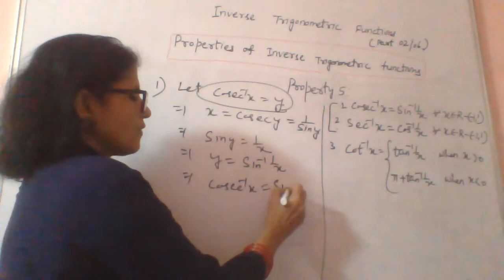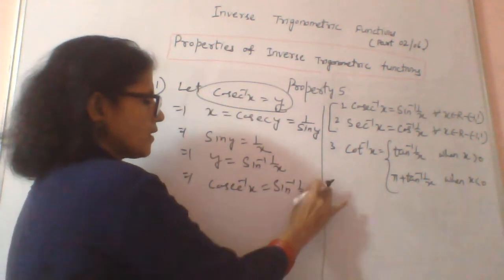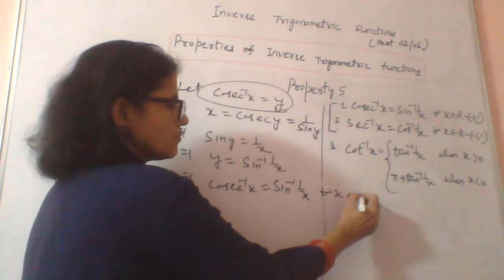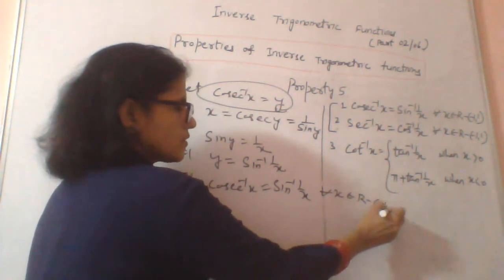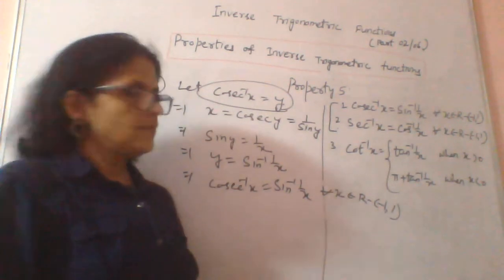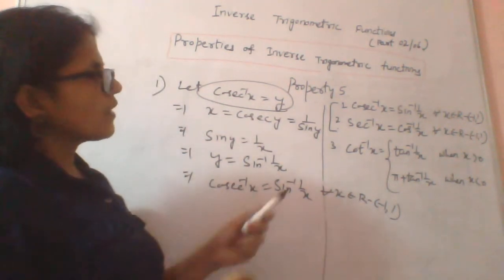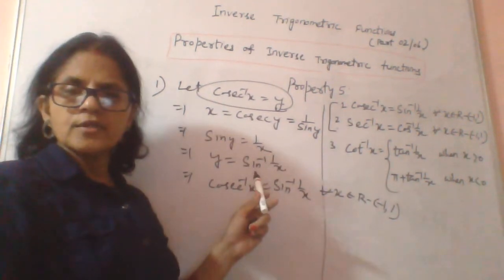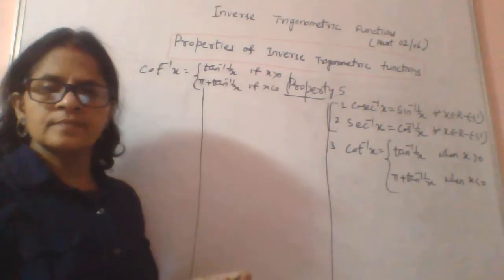So that is equal to sin inverse 1 by x for all x belongs to set of real numbers difference open interval -1 1. Okay. The second part you can do like this, it is almost similar to this. So now I will take the third.